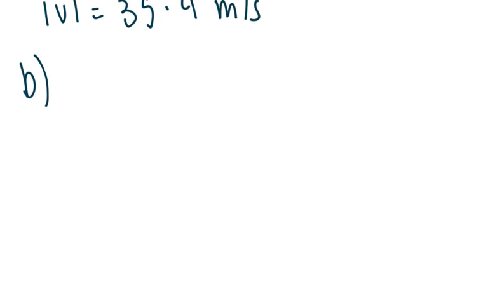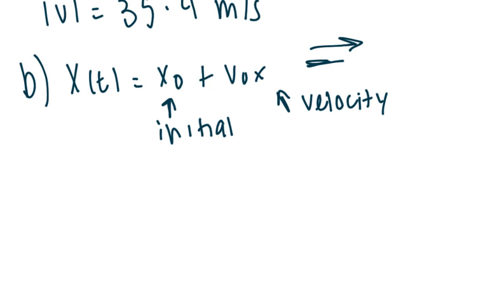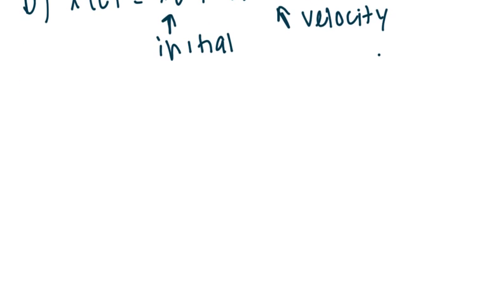So x(t) equals x initial plus v0x times t. This is our initial position, and this is our velocity. Since the x only goes either left or right, we are not worried about gravity in this instance.